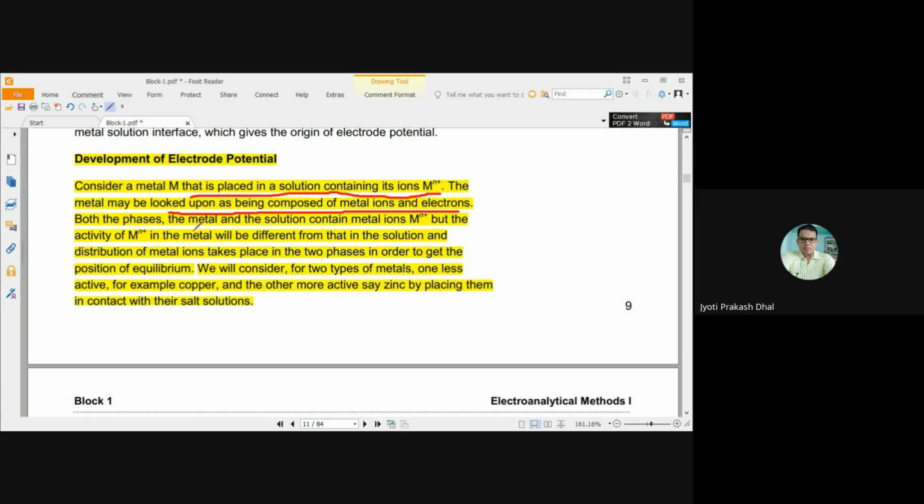Both the phases, the metal and the solution, contain metal ion Mn+, but the activity of the Mn+ of the metal will be different from that of the solution, and the distribution of metal ions takes place in the two phases in order to reach the position of equilibrium.